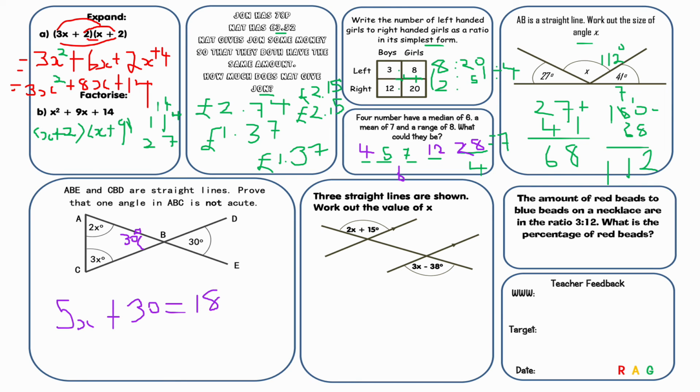Subtracting 30 on both sides of my equation, I get 5x is equal to 150. Dividing both sides by 5, we get that x is equal to 30.